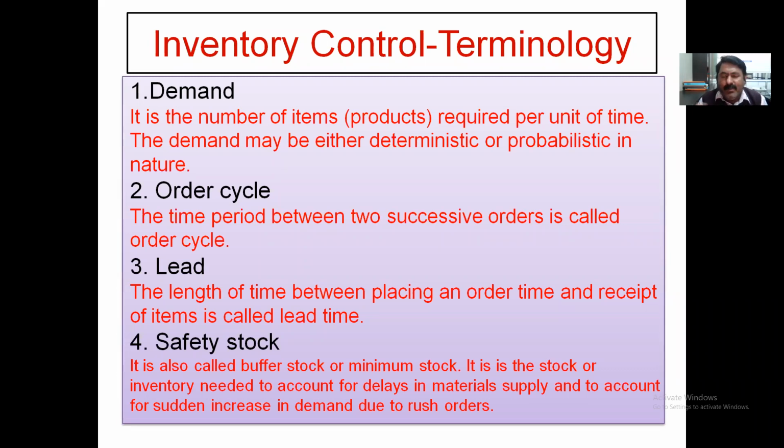Per unit time may be daily, monthly, yearly, quarterly, or fortnightly, whatever. So this is the demand. For example, 1 lakh units per year. This is the demand for any one of the items. Then 150 items per day. This is also demand, though the unit of time is different. This is the terminology in inventory control: demand.